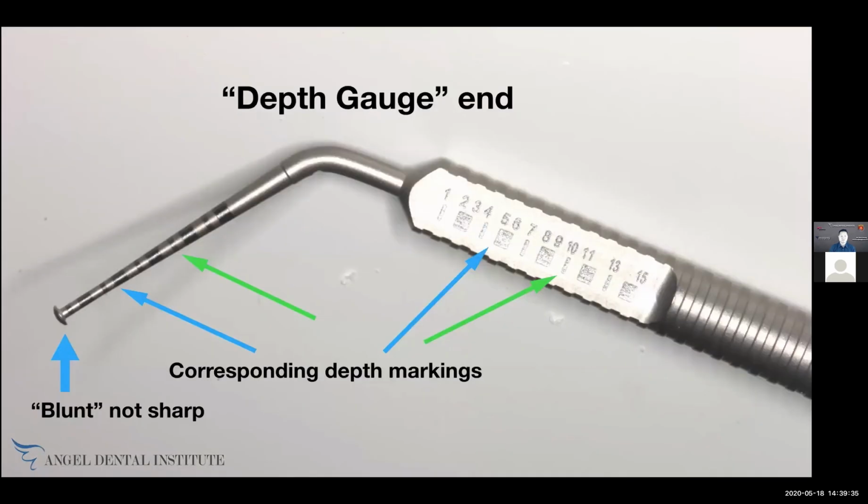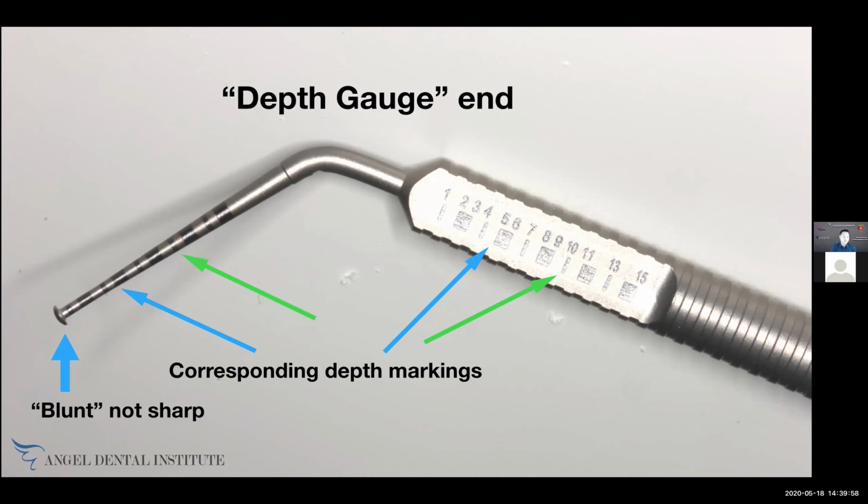Okay. The depth gauge on the other end, you'll see laser marking here, and it corresponds to the handle. So if you look at where the long blue arrow is pointing on the left side, the bottom of that thick band corresponds to 5 millimeters if you look at the handle there.